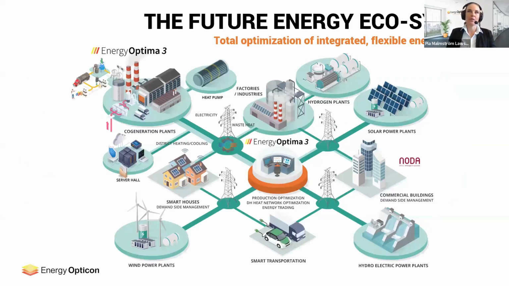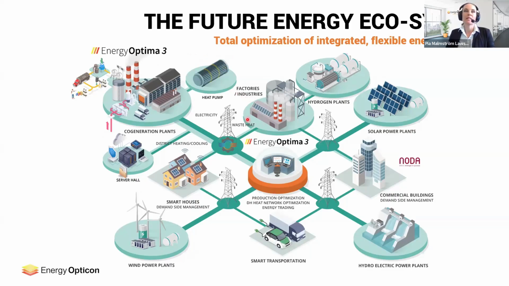When we talk about the future energy ecosystems and total optimization, we have seen in the last years an increased need for sector coupling, and the production optimization plant cannot be isolated, this type of silo thinking that has been there before. Nowadays all of these things in the energy systems have to be part of the total optimization.